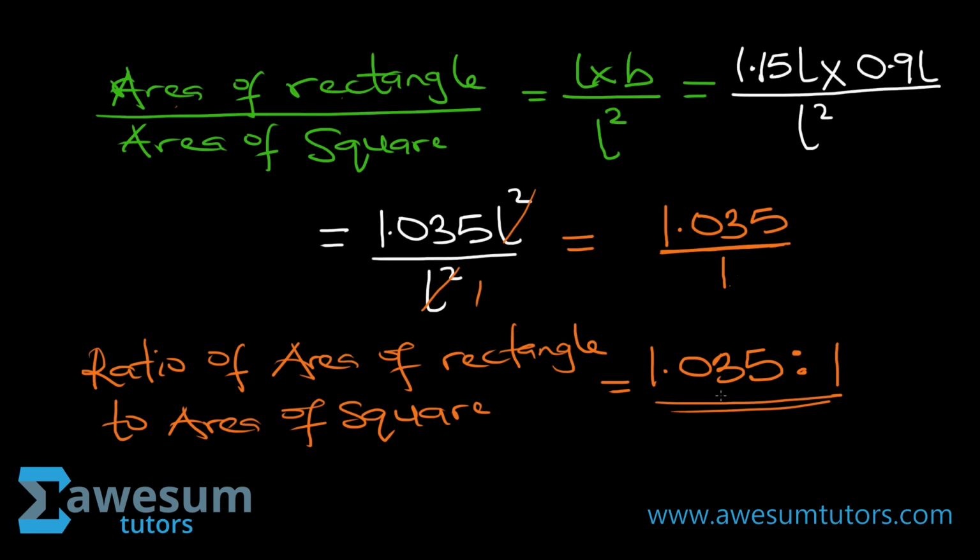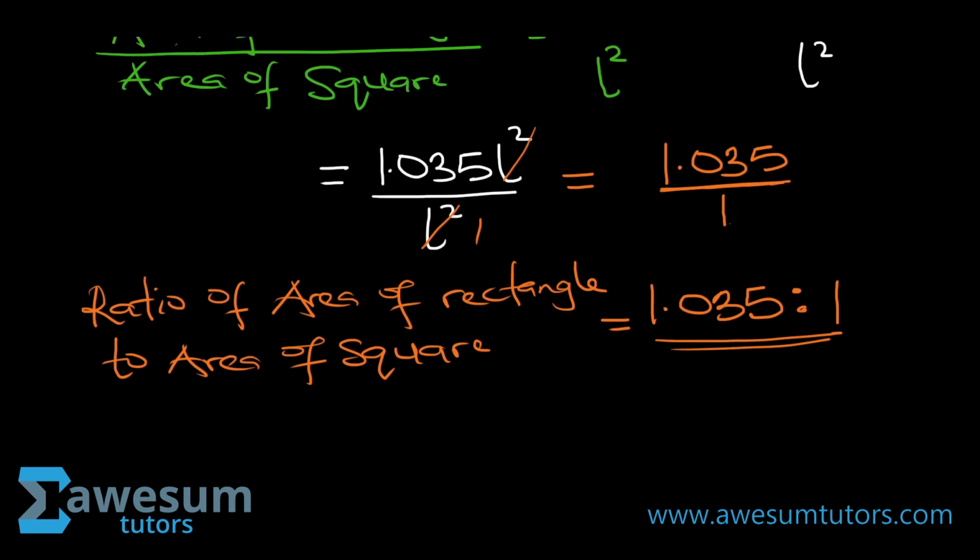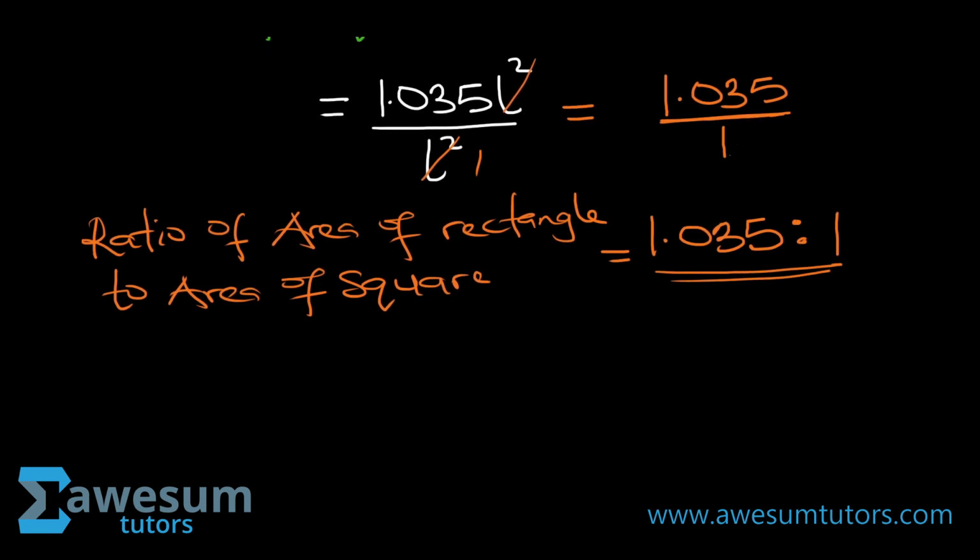I hope you understand that solution. Some other people would like to convert this ratio to a whole number, because this is in decimal. Although if you put this as your final answer, you are definitely correct. But if you want to go a step higher, you could convert your decimal into a whole number.